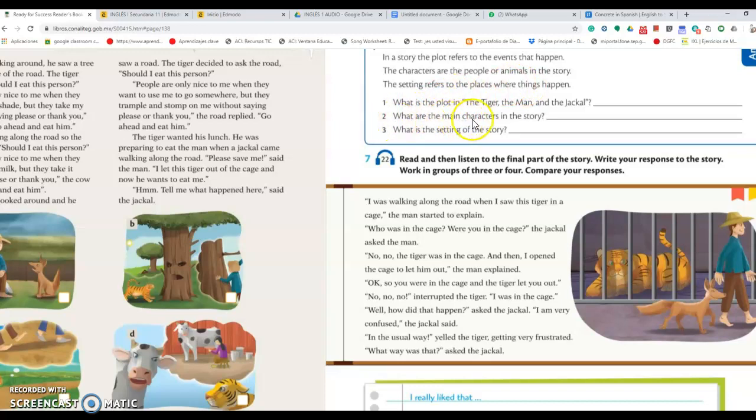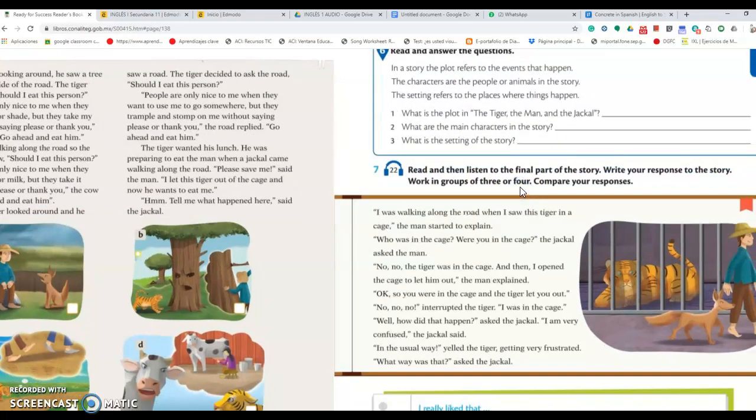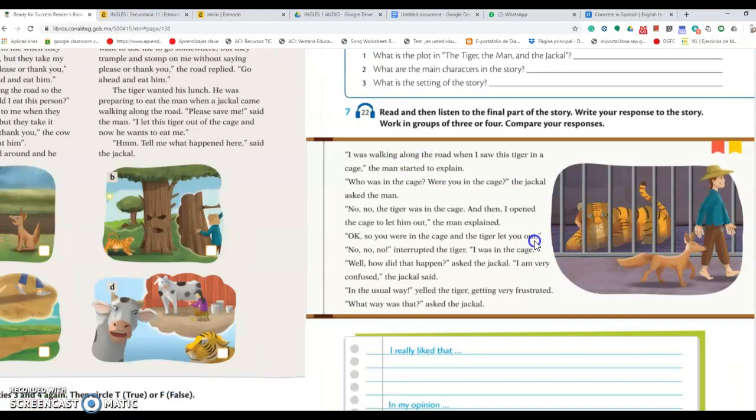What are the main characters in the story? Remember, we have 3 main characters. Who are they? The man, the tiger and the jackal. That's right. And number 3, what is the setting of the story? Where did this happen? It happened in a forest or in the woods, right?